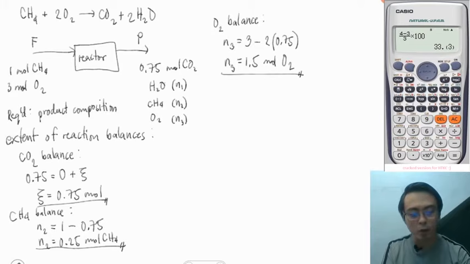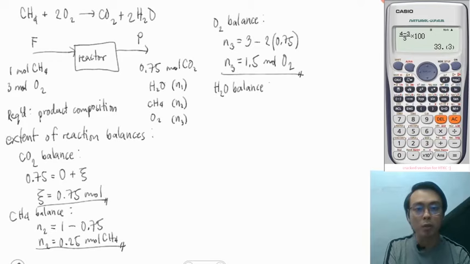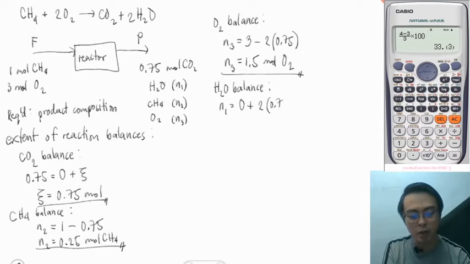Last one, water balance. Output of water is N1. Input of water is 0, there's no water in the feed. And since water is a product, we use plus 2, the coefficient in the balanced equation, times the extent, 0.75. Therefore, N1 is 1.5 moles water.